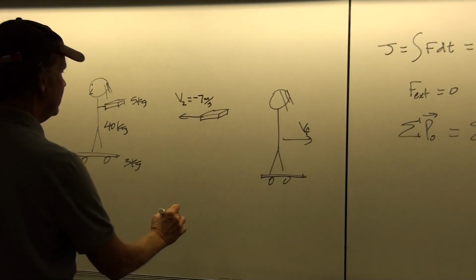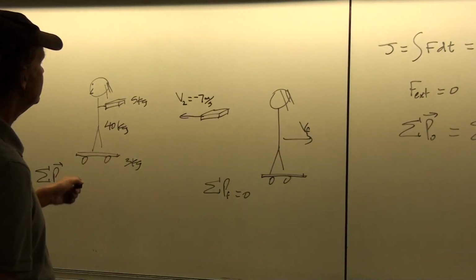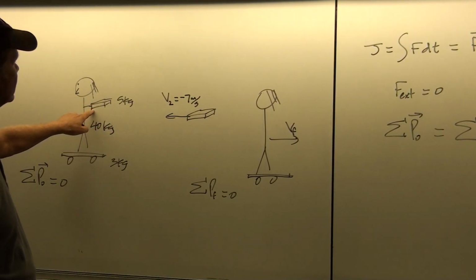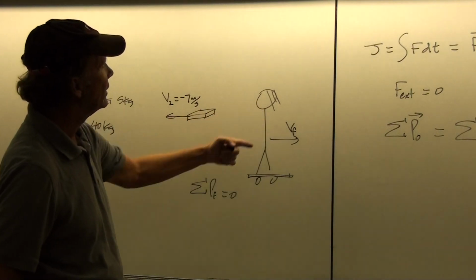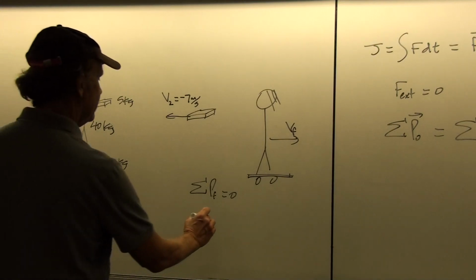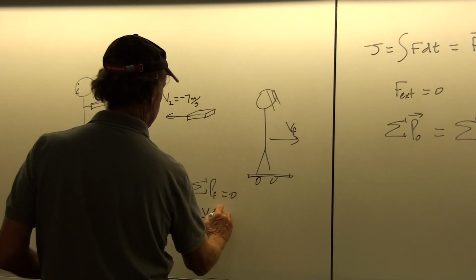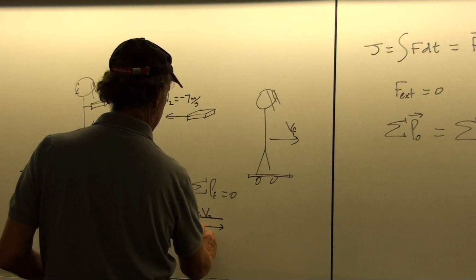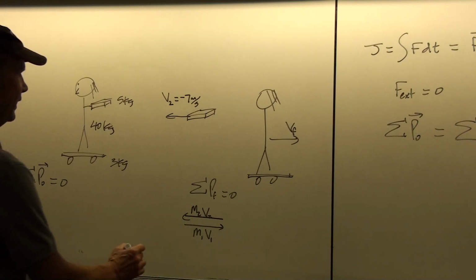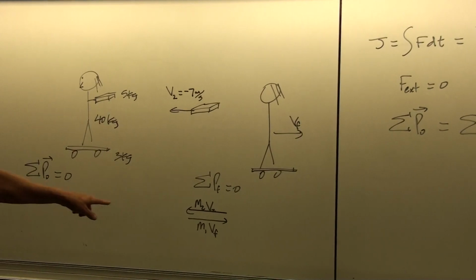Okay, so the sum of the final momenta has to also be equal to 0 because there are no external forces here. All of the forces in the system are forces of her on the book, and force of the book back on her, pushing her in the opposite direction. So for P final here, we're going to have M2 V2, and for her M1 V1, or V final, we could call it here, M1 times V final. And so that also has to add up to 0.